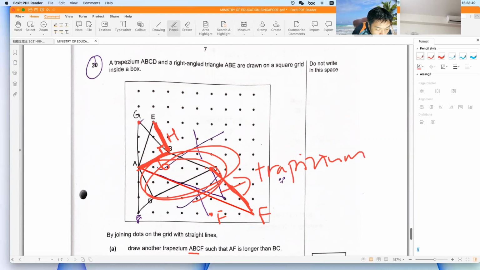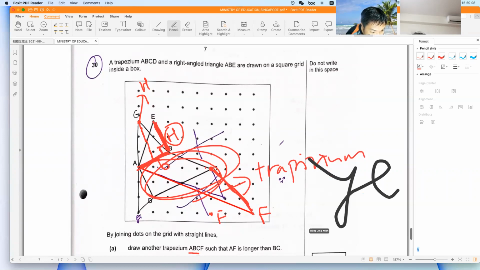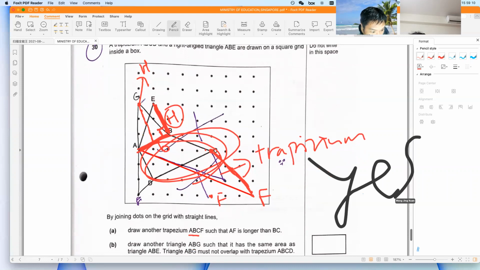But if you choose this point, I think you can see this height H is longer than this. So that means this ABG is not the same area already. Am I right or not? Yeah. So you cannot choose this point.